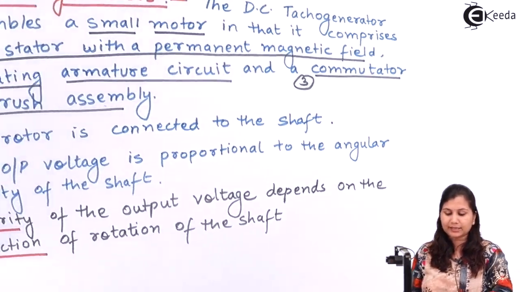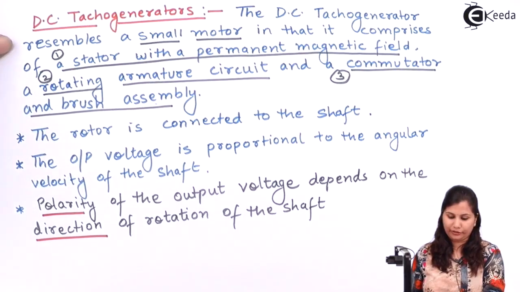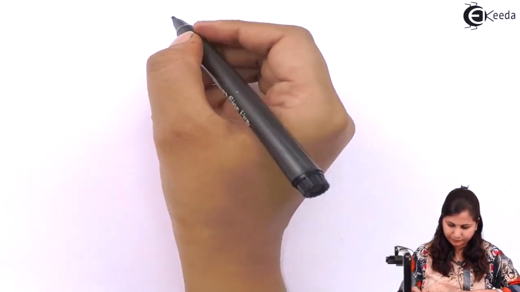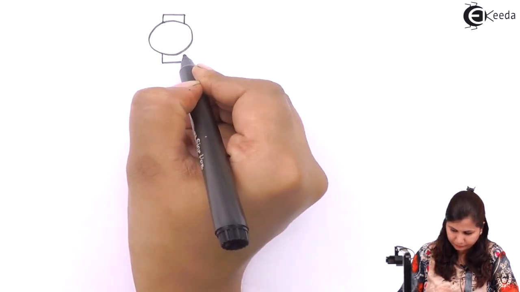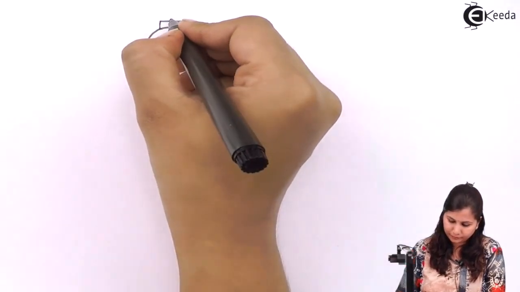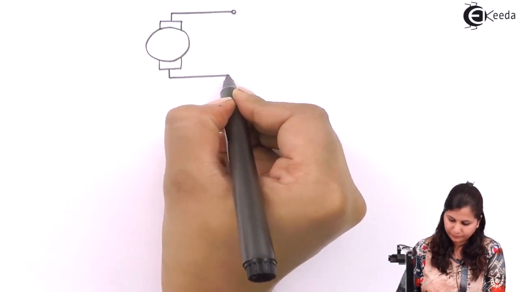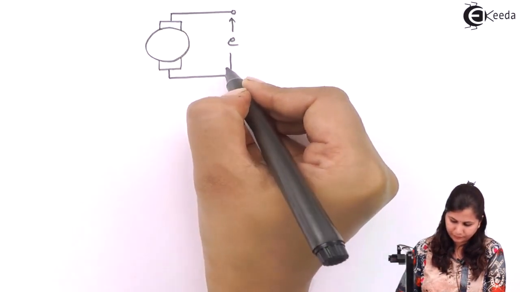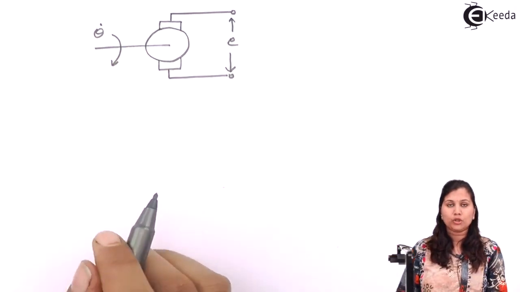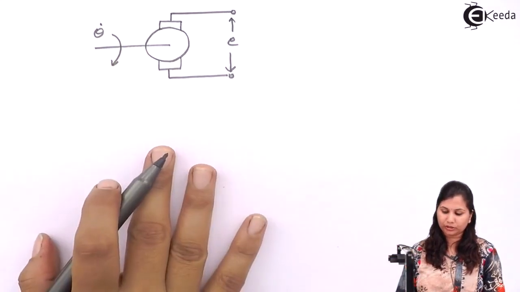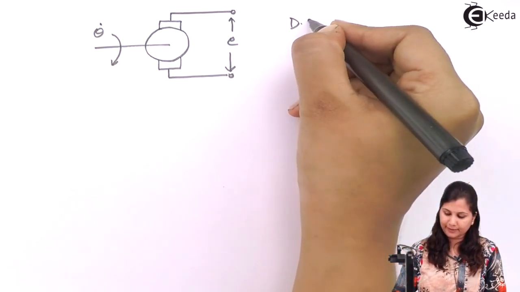Now let's see the circuit for the DC tachogenerator. So this is the circuit for the DC tachogenerators.